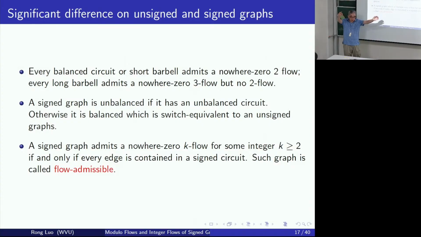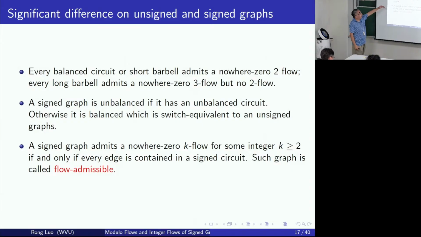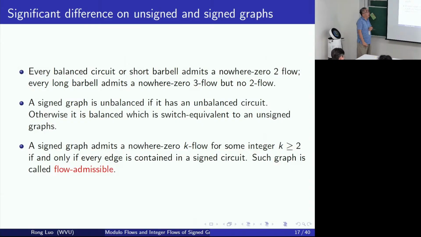If a complete graph has only one negative edge, you cannot have a signed circuit. So a signed graph admits a nowhere-zero k-flow for some integer k if and only if every edge is contained in a signed circuit. Such a graph is called flow-admissible.